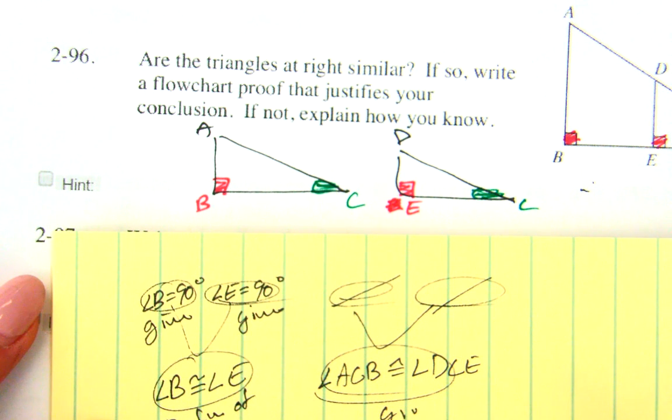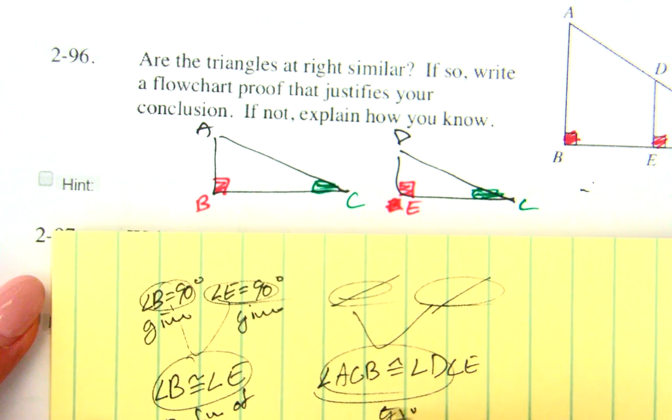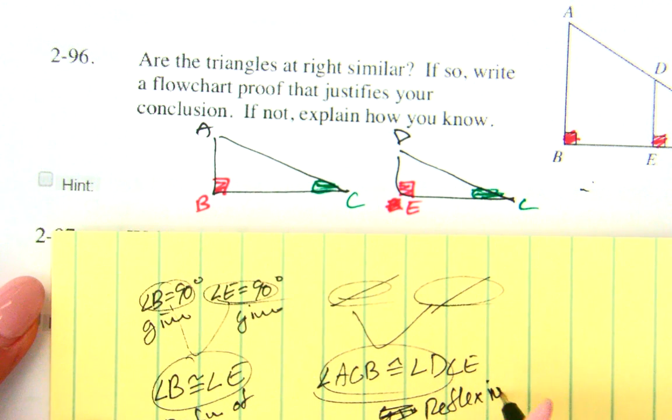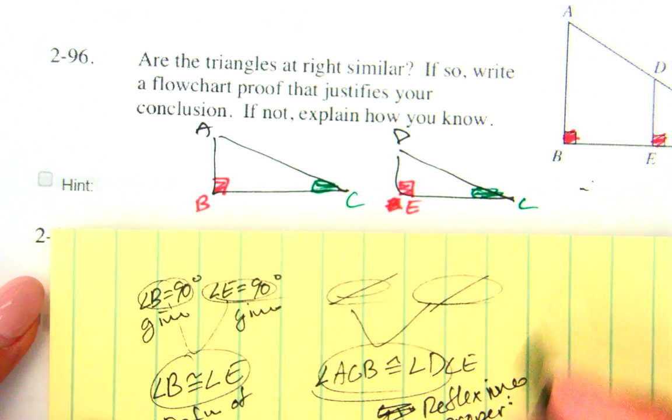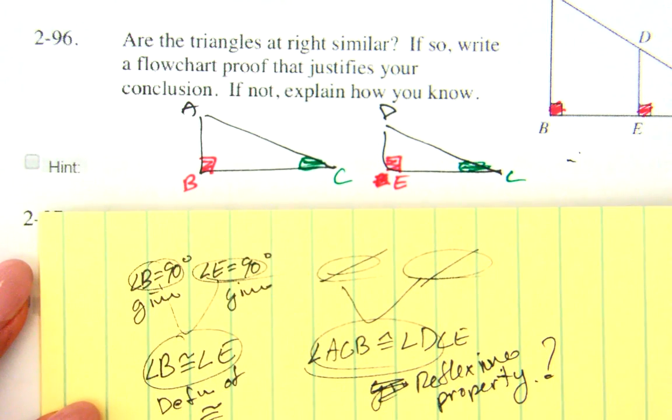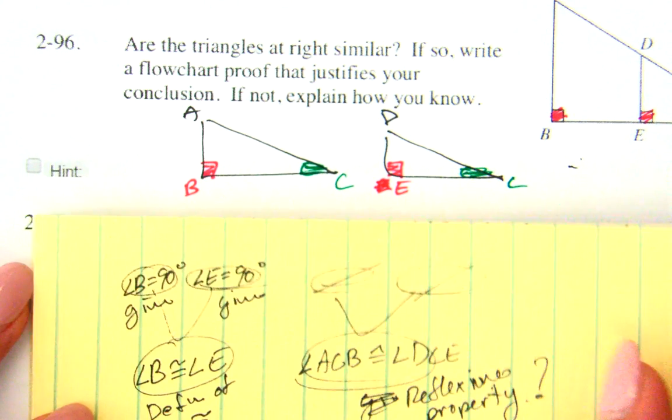Shoot, it was not given to you. What do we want to call that? Technically, it's the reflexive property. It's congruent to itself. I feel like this is wrong somehow. I'm going to have to look this up. I'm going to put a question mark next to this.